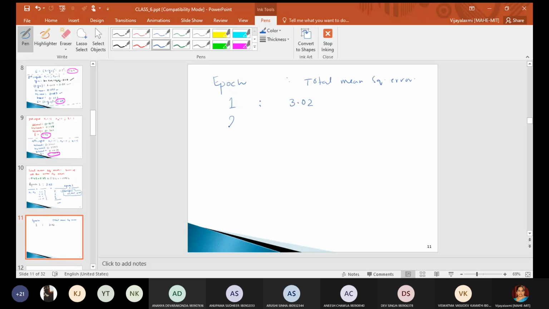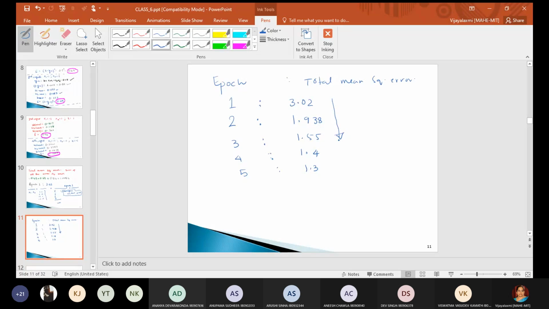For the second epoch, it will be 1.938. For the third one, it is 1.55. Fourth one, it is 1.4. And fifth one, it is 1.3. You can see that as we are training the neural network, the error keeps decreasing.